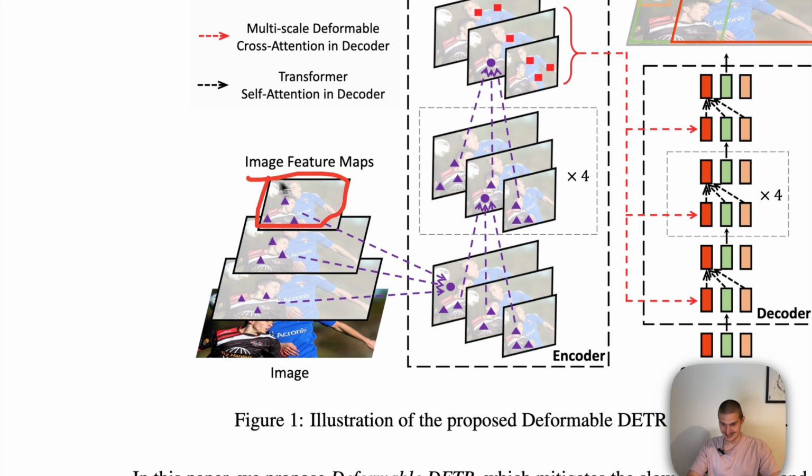So in deformable attention, the main difference is that instead of computing all of these pairwise interactions, we're just going to compute like 3 of them, right? This is much simpler from a computational perspective, and we want the locations of them to be trainable. So we just predict where we need to pay attention instead of computing attention between everything.